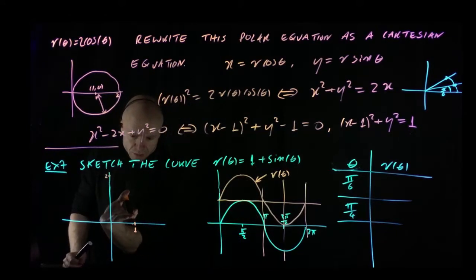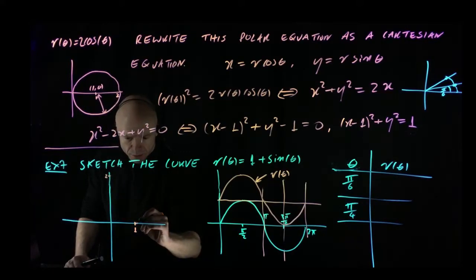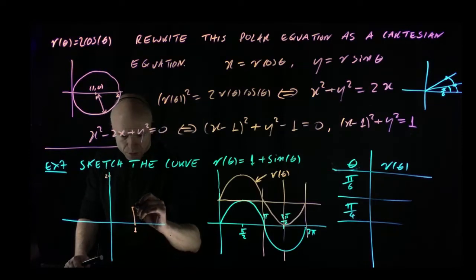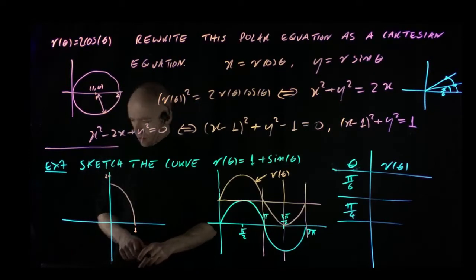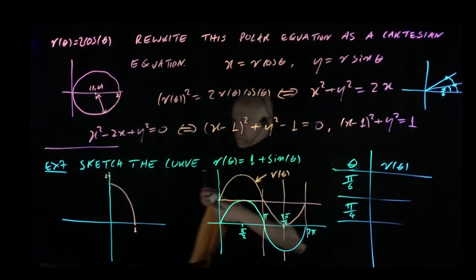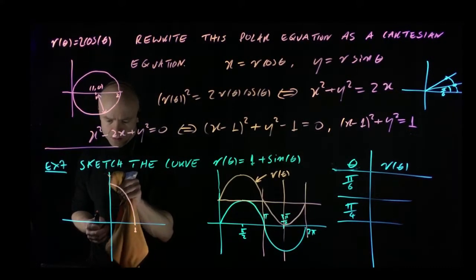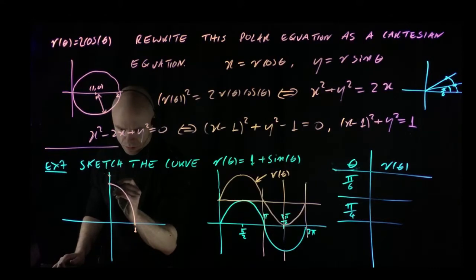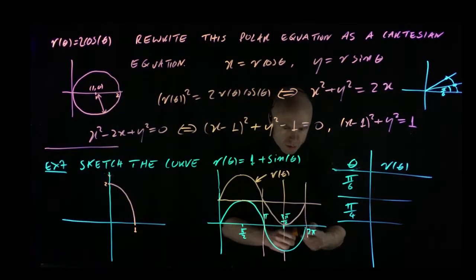So as the angle goes from 0 to pi over 2, we continue to get something which is like bigger. So let's do this. Like 2 is a little bit too high. Maybe we should put 2 here. This is 2.